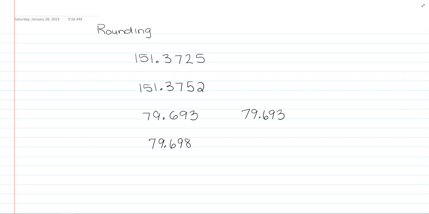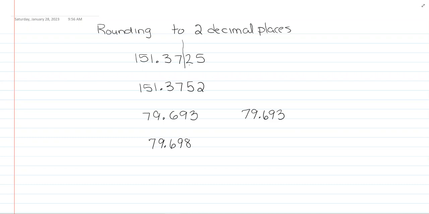So for rounding, you'll be told how many decimal places to round to. So if we're going to round to 2 decimal places, for example, in the following examples, you're going to look to the right of the decimal place, count over 2, and then draw a line.